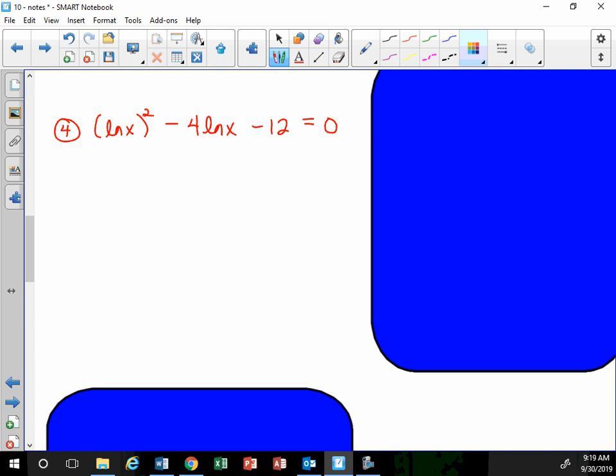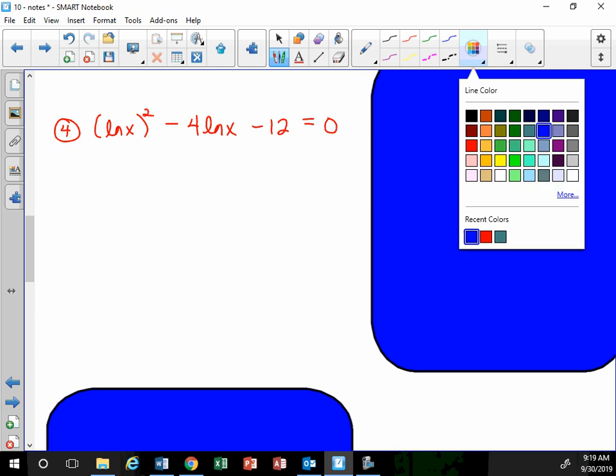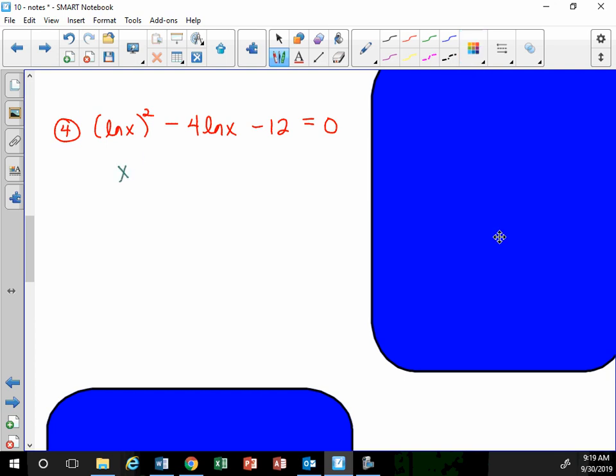Not only does it have natural logs, but it's not just logs that we can condense or rewrite as an exponential. What if I gave you the problem x squared minus 4x minus 12 equals 0? Like, what if I gave you that equation? Could you solve that? Yes, what would you do? Factor. What does it factor into?